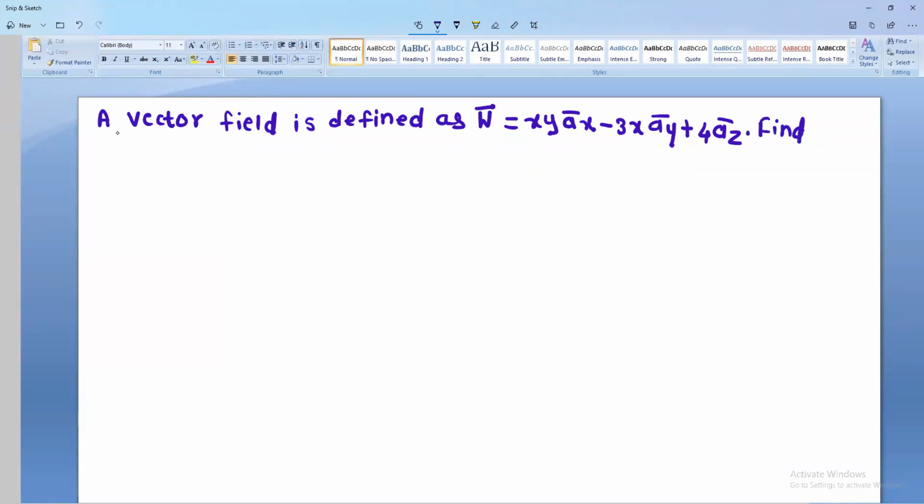Find first, the vector field at point P of 1, 2, 3.